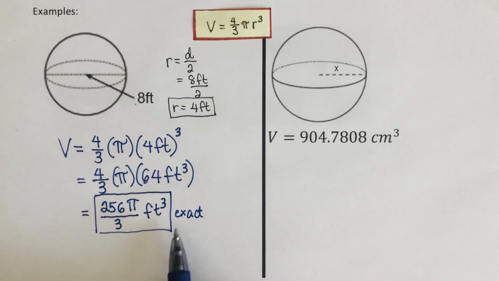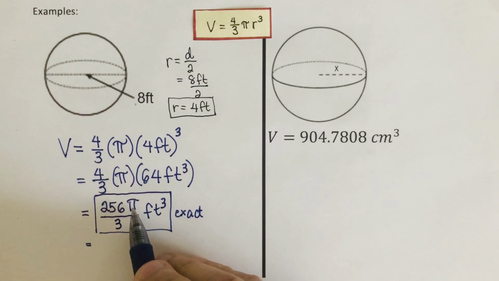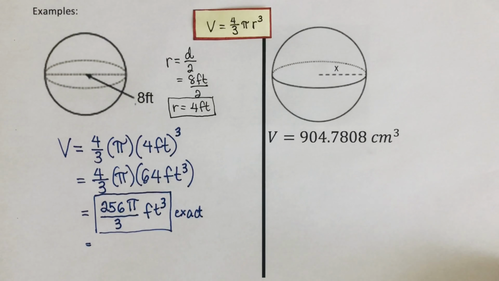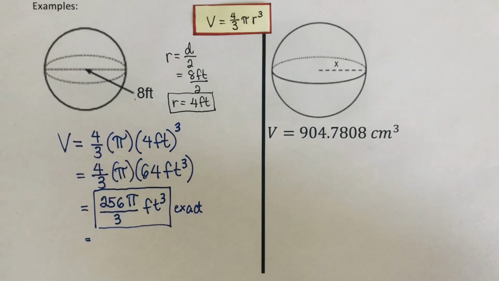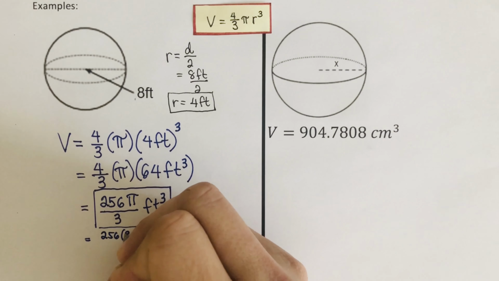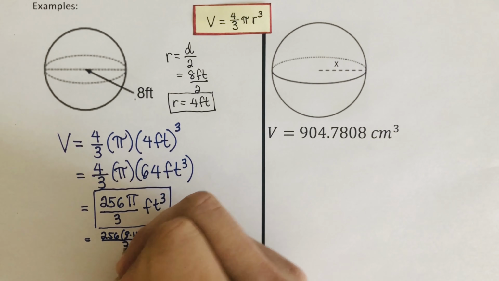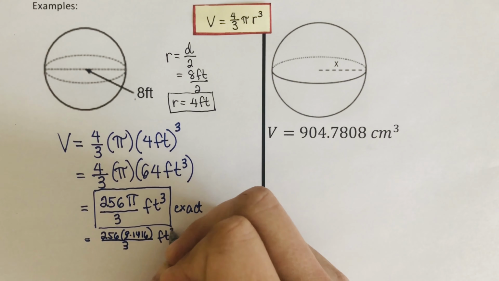Now let's find the rounded value. All we need to do is change pi into 3.1416. So we write 256 times 3.1416 divided by 3. Again, the unit is cubic feet.